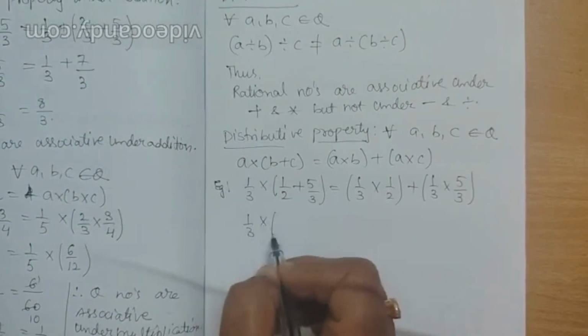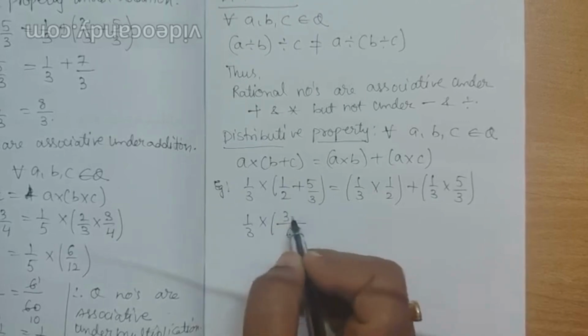Now 1/3 into LCM 6, 3 ones are 3, 5 twos are 10.